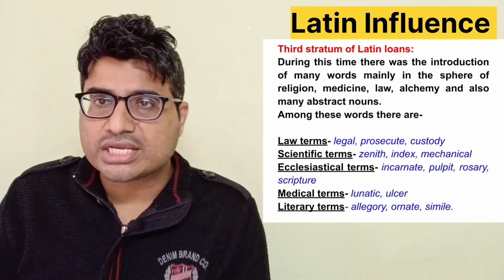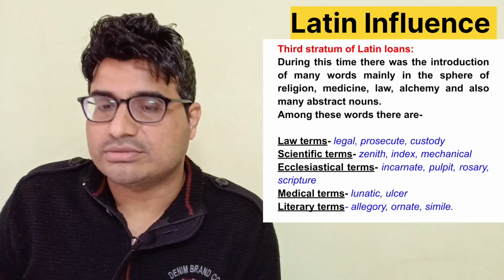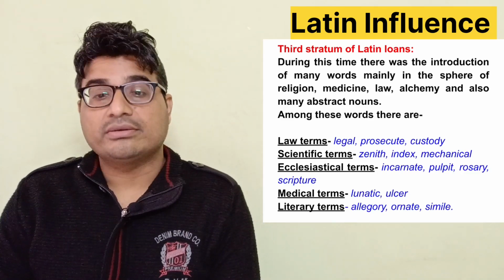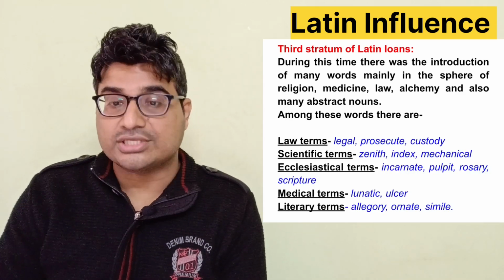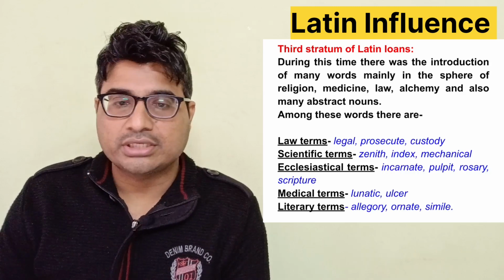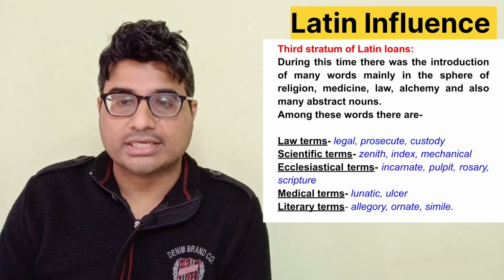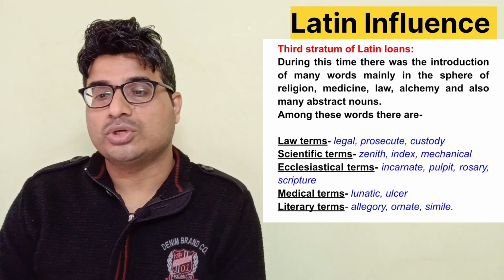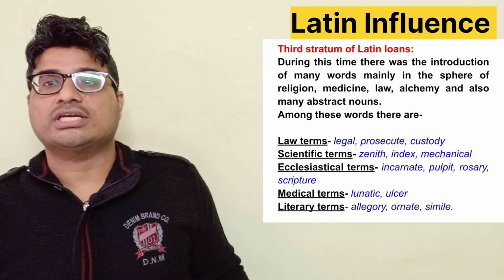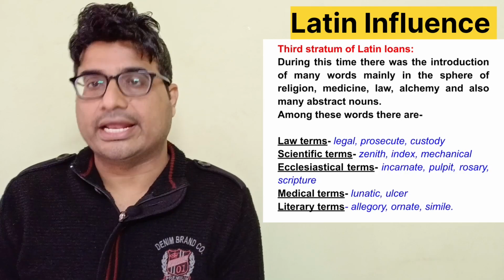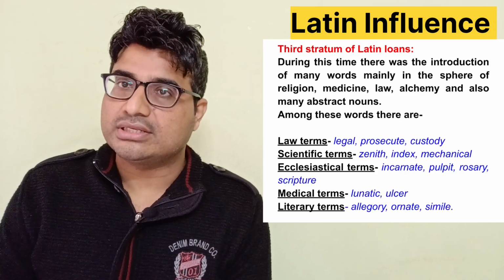I am mentioning some of the words: law terms, which is legal, prosecute, custody; scientific terms like zenith, index; ecclesiastical terms like incarnate, pulpit, rosary, scripture; medical terms like lunatic, ulcer; literary terms, allegory, ornate, simile, these words.